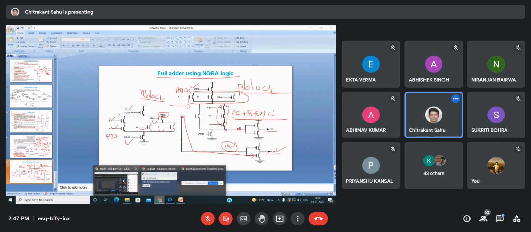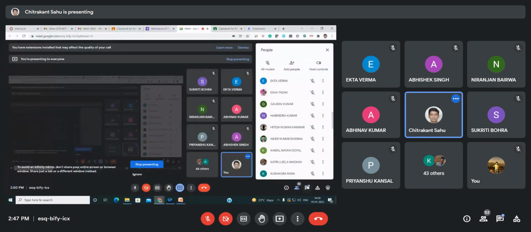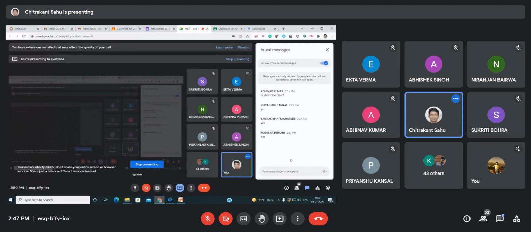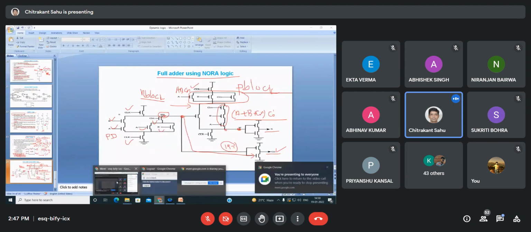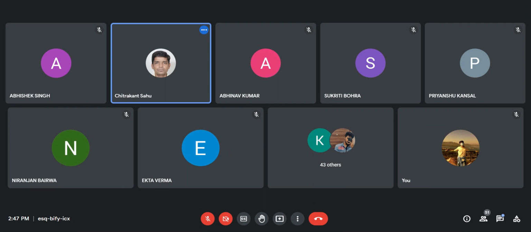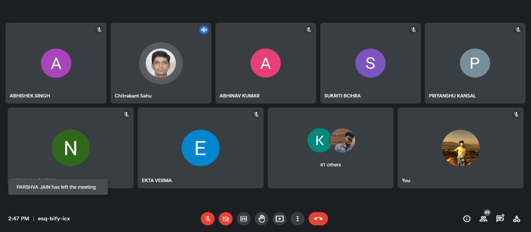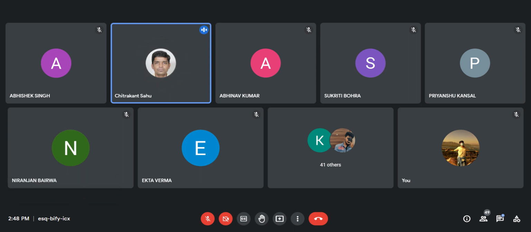Any questions from the students? Please read the things in the book. I'll also share the slides about the dynamic logic as well as whatever we have discussed today. This was a very important concept. It will help you to write answers in the question paper, as well as to realize any kind of circuit if you are making projects.